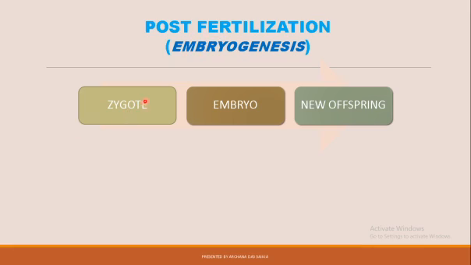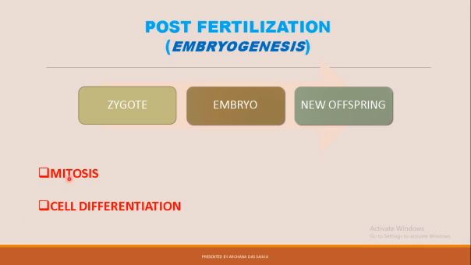So zygote will develop into embryo, it will divide, undergo mitotic divisions and develop into embryo. Embryo will further undergo differentiation and form the new offspring. The main type of cell division involved is mitosis and followed by cell differentiation.